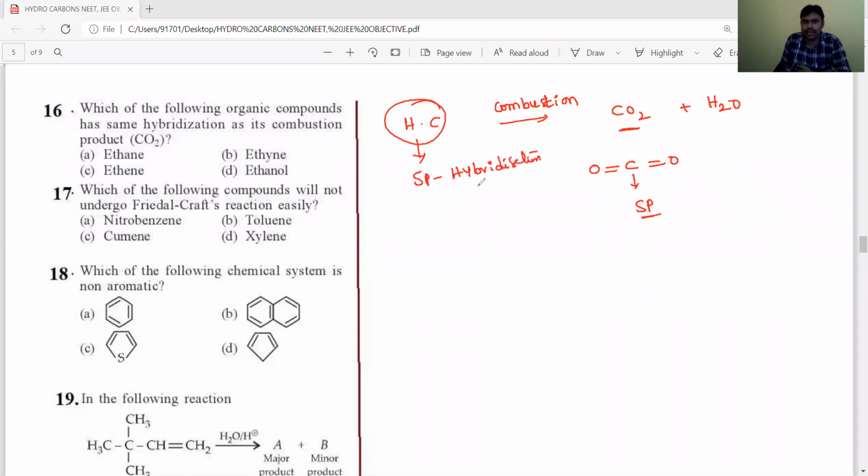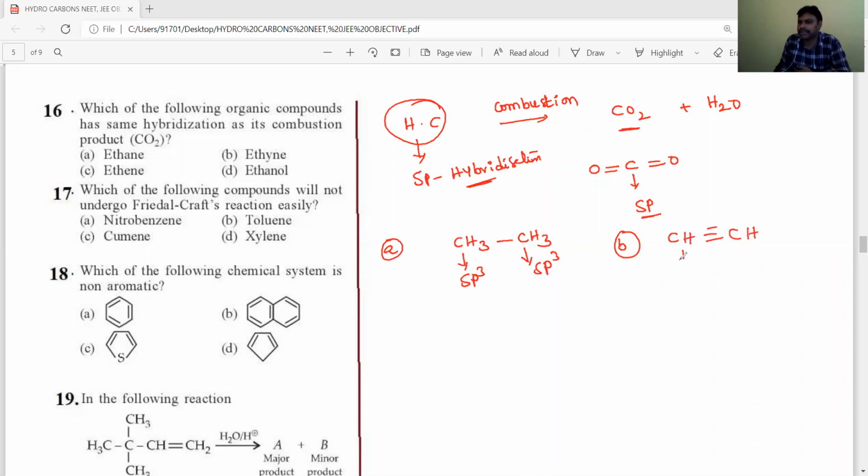See here, they gave hydrocarbon names. Let's see the first option, ethane, CH3-CH3. All carbons have single bonds, so sp3 carbons are present. Next, the second option, ethyne, CH triple bond CH.